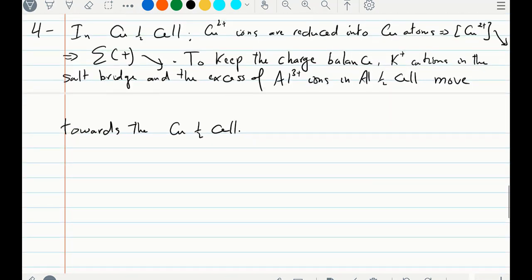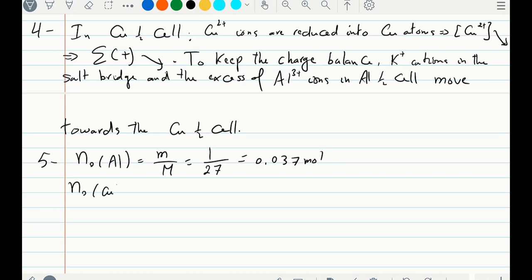Then n0 of Al equals mass over molar mass equals 1 over 27 equals 0.037 mole. n0 of Cu2+ equals concentration of Cu2+ times volume.